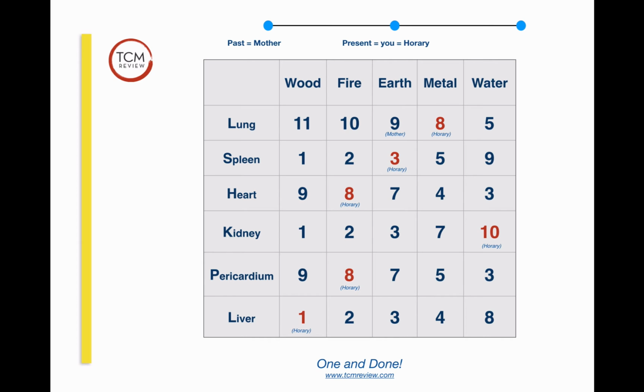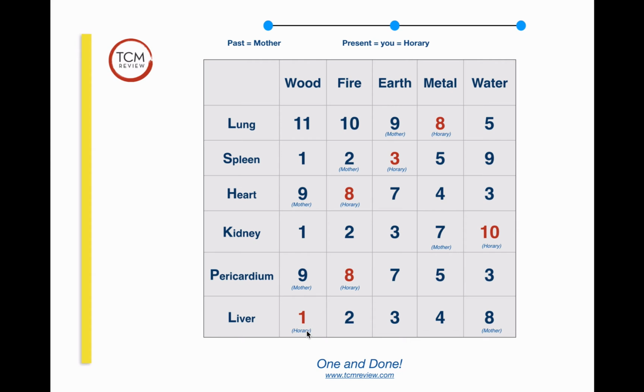All right, next we have spleen, and the mother point for spleen will be spleen 2, which is 1 to the left of the horary point. And then for heart, of course, would be 9 here. Kidney, 1 to the left would be kidney 7. For pericardium, 1 to the left of the horary point is pericardium 9.